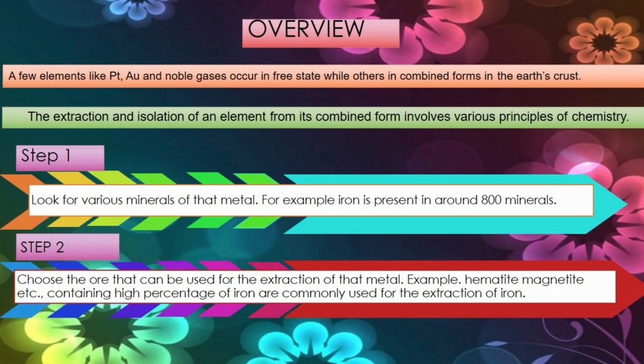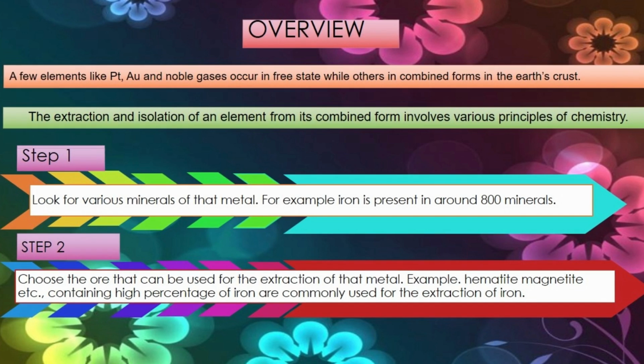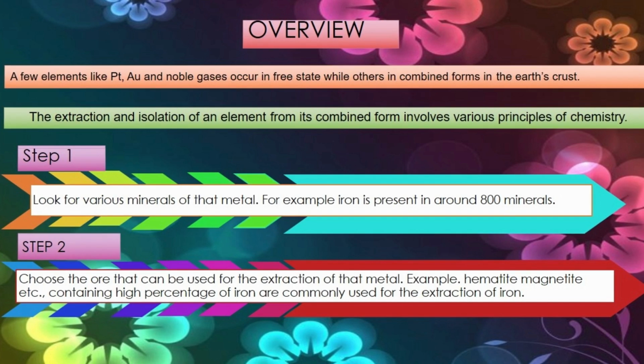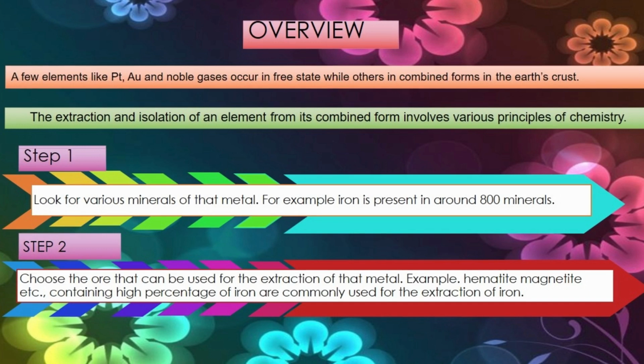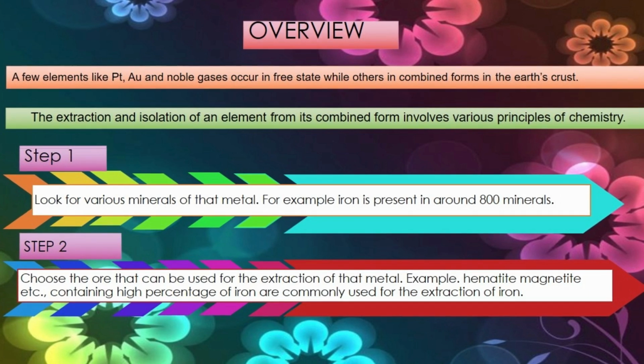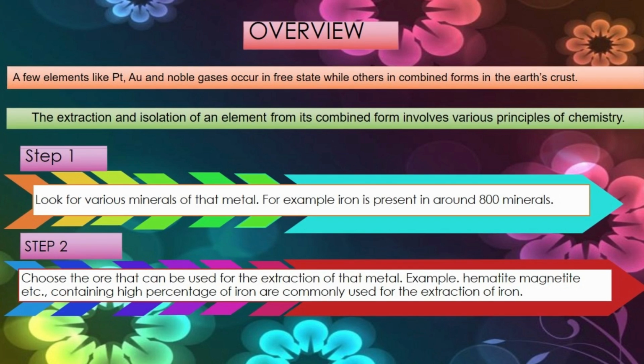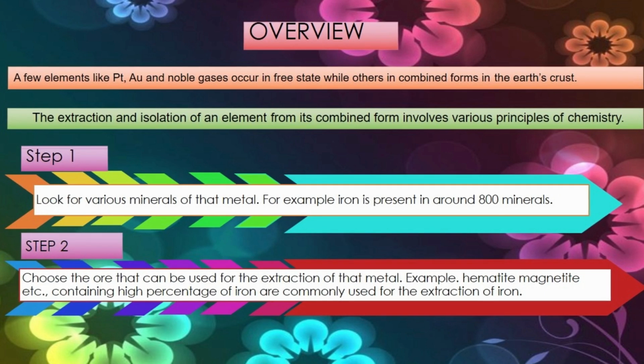For example, highly reactive iron will exist either as iron oxides or iron sulfides or iron carbonates. To extract an element from the earth crust and to isolate that element from its combined form, various steps are involved. In this chapter, we are going to see each step in detail.